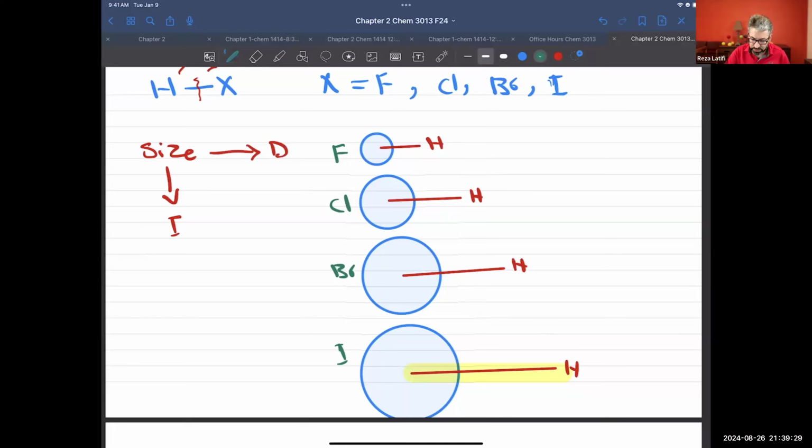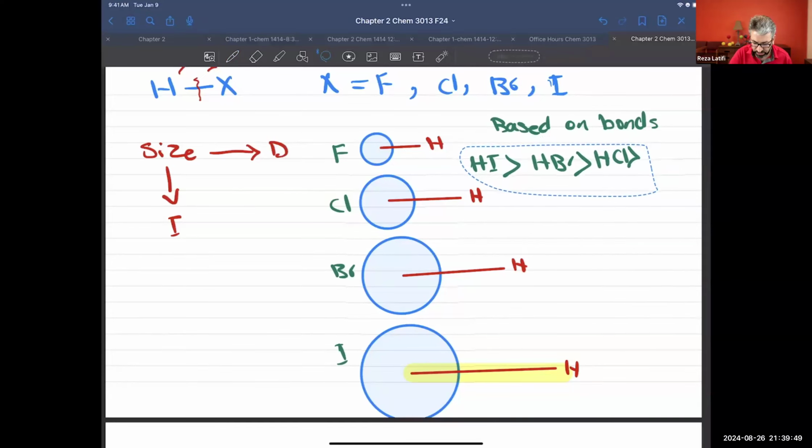So based on bond length, HI is a stronger acid than HBr. This one is stronger than HCl, and HCl is stronger than HF. So the strongest acid will be HI, and the weakest acid will be HF.